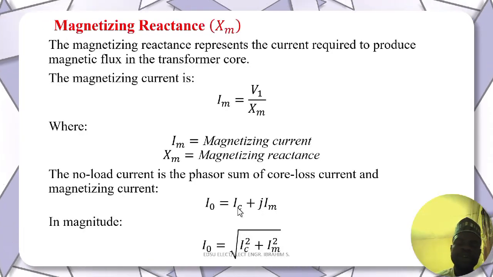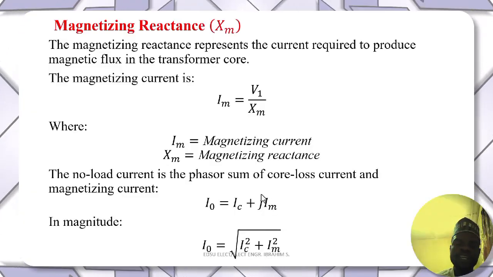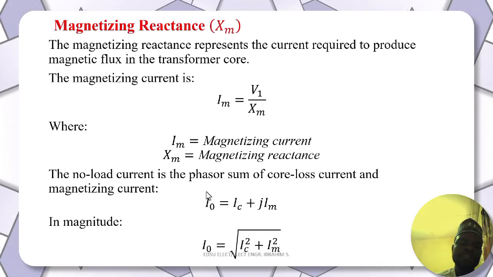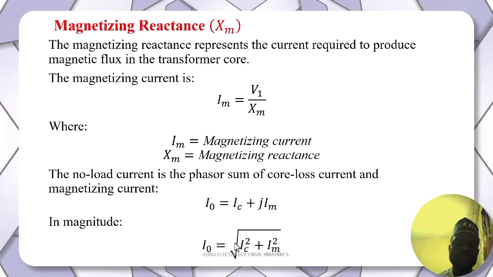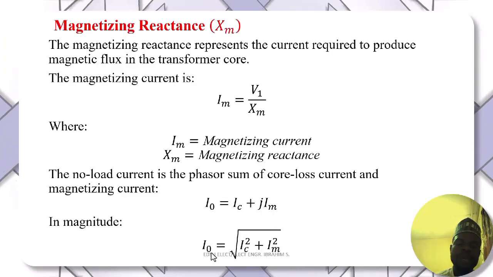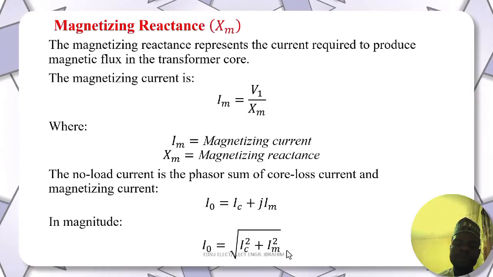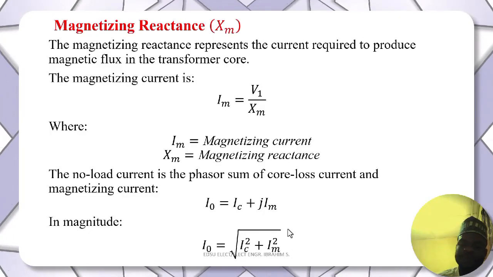If I decide to remove the j, I should be able to square both sides. So we have my no load current to be the root of IC squared plus IM squared.